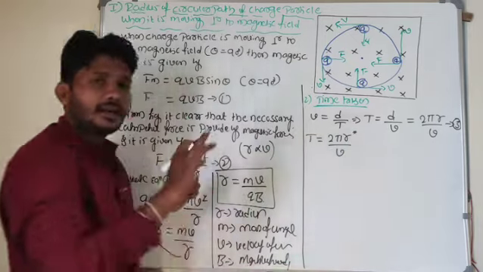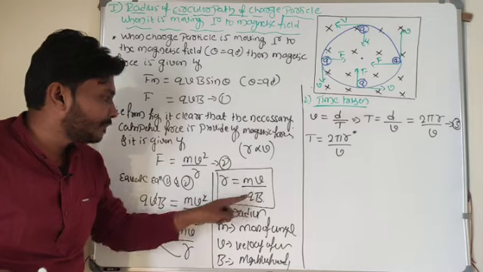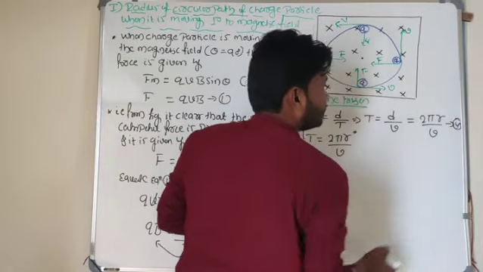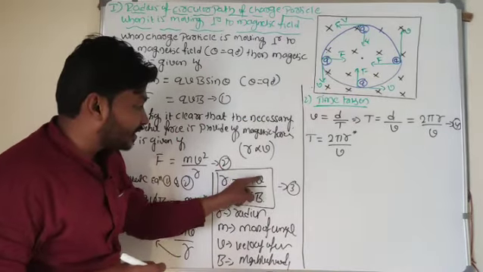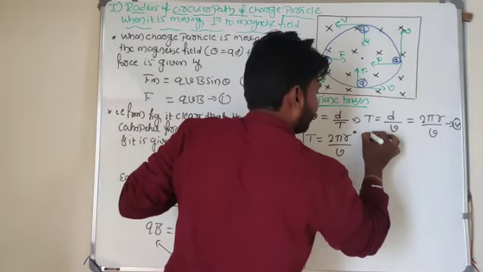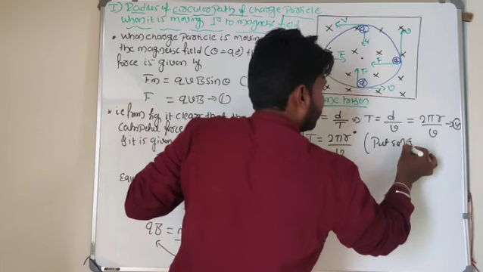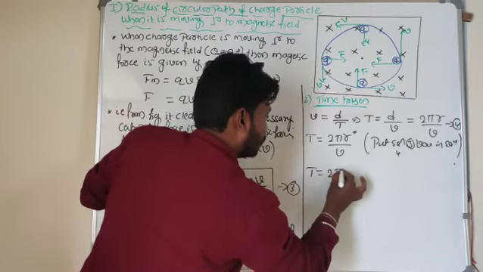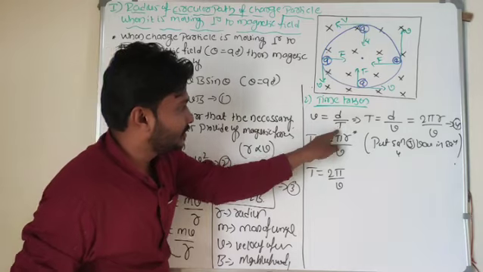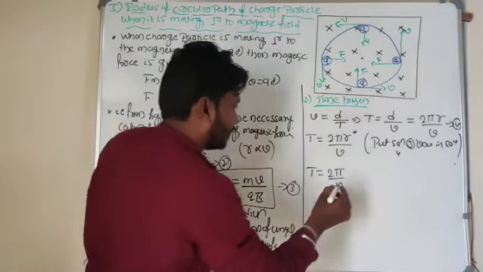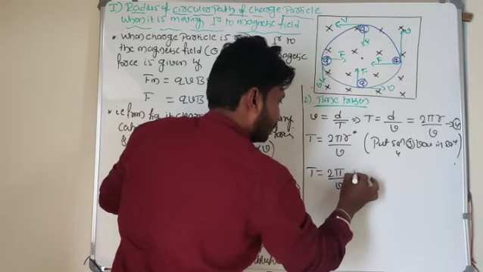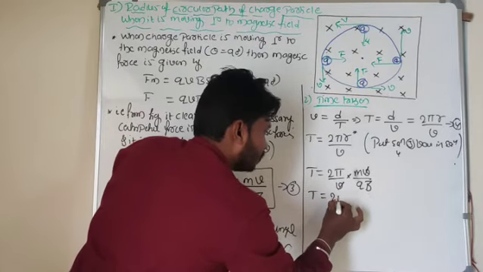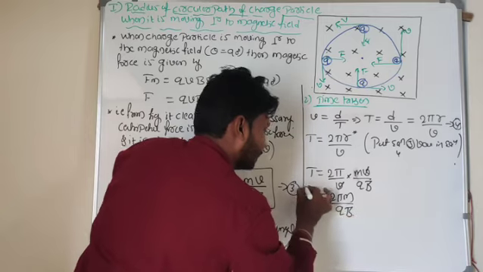Wherever r is there, I can take r as m into v divided by q into b, which is equation 4. Put equation 4 value in equation 3: 2 pi by v stays as it is, and in place of r, m v divided by q b. The v term gets cancelled out, giving 2 pi m divided by q into b.